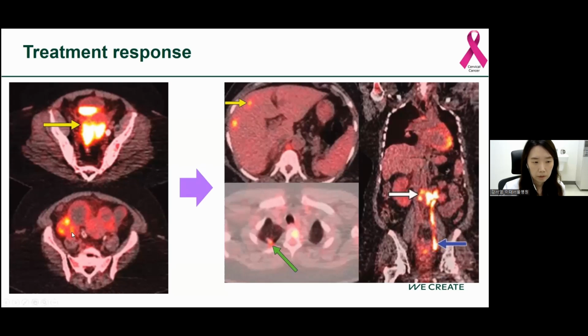And also there are suspicious hypermetabolic regions around the bowel area, suggesting peritoneal carcinomatosis. After chemoradiation, in the follow-up PET-CT, there are new hypermetabolic regions in the liver, suggesting metastasis, and also in the lungs, suggesting metastasis, and also multiple hypermetabolic lymph nodes in the para-aortic chain. So this case shows the failure of treatment.